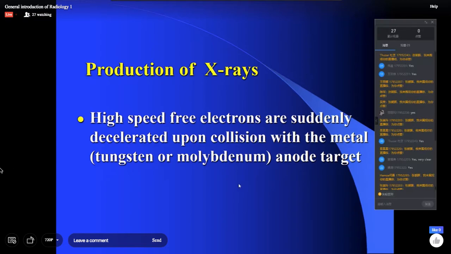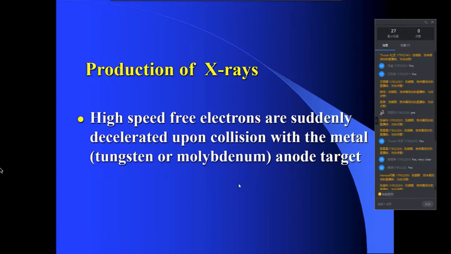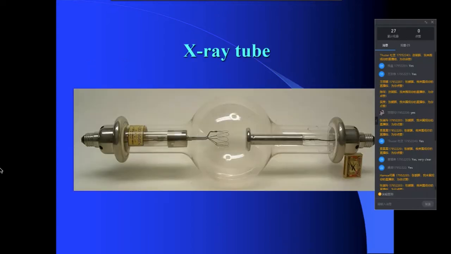are suddenly decelerated upon collision with a metal anode target, which is usually made from tungsten or molybdenum. This is a picture of an X-ray tube.